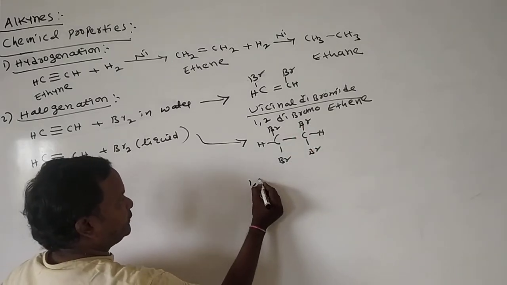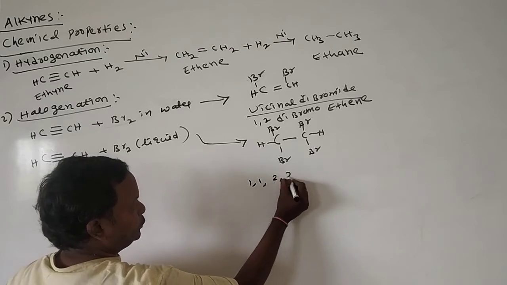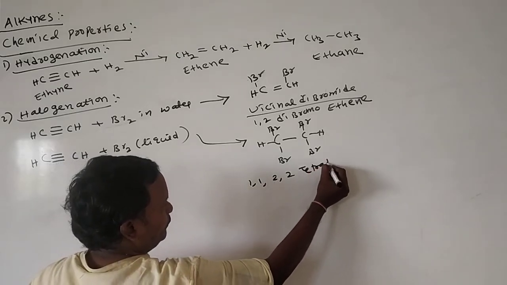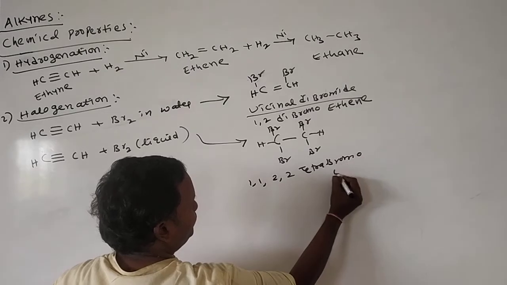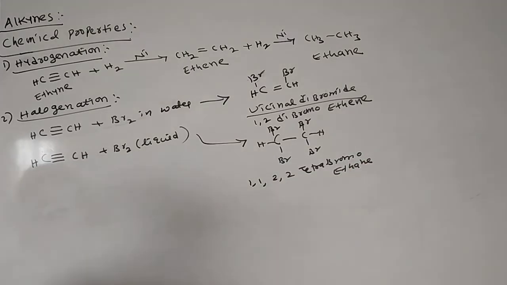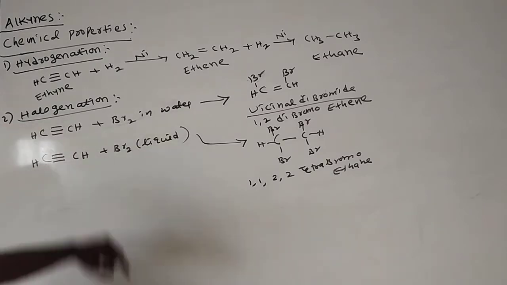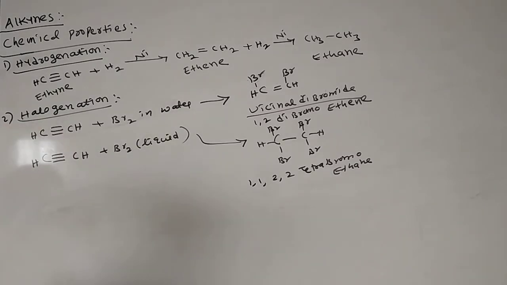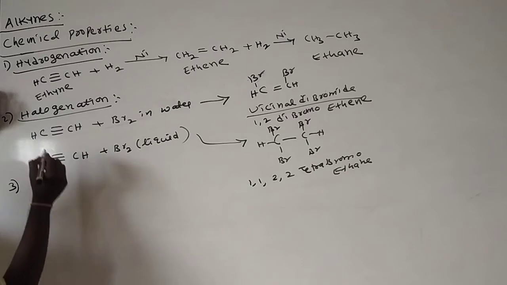Tetrabromo compounds are formed: 1,1,2,2-tetrabromoethane. That means in bromine water just dihaloalkenes are formed, while in liquid bromine tetrabromoalkanes are formed. This is called halogenation.